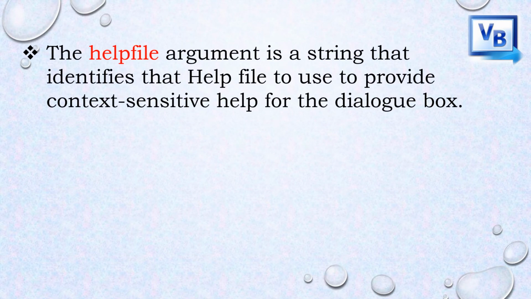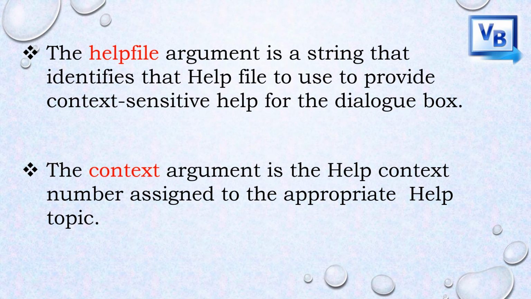The helpfile argument is a string that identifies the help file to use to provide context-sensitive help for the dialog box. The context argument is the help context number assigned to the appropriate help topic.